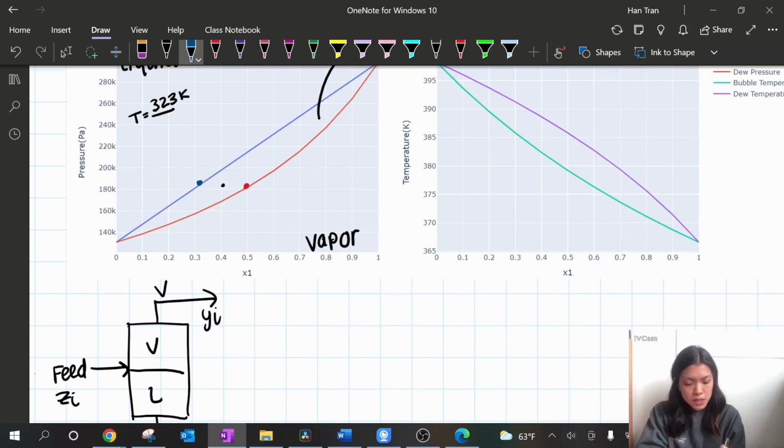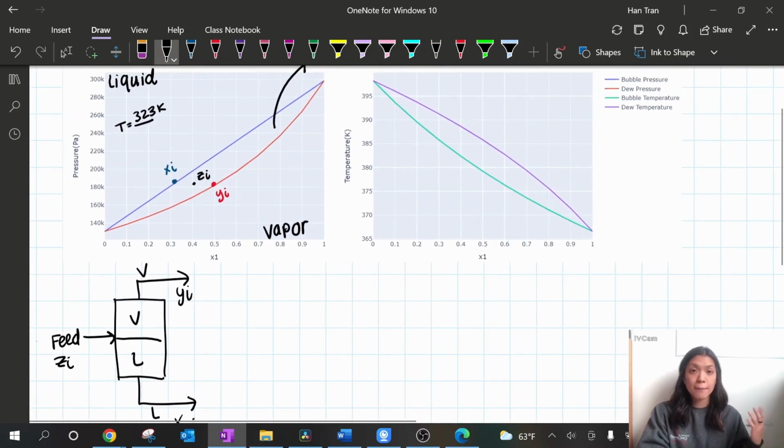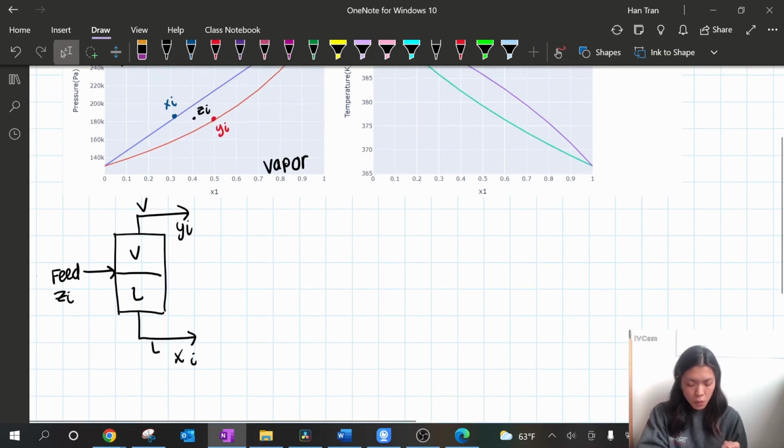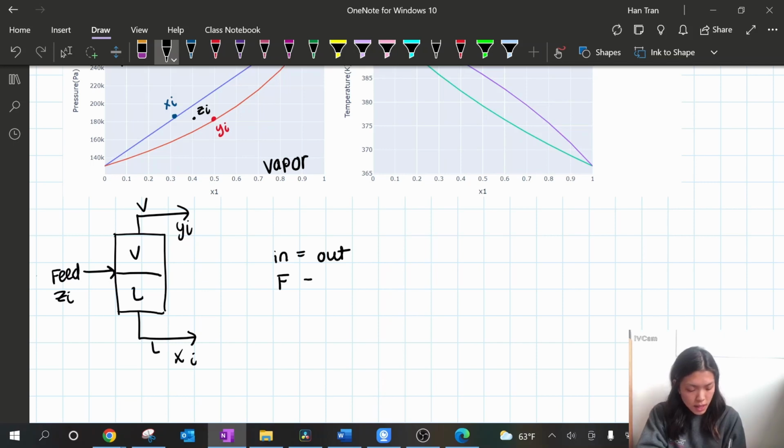The vapor is going to have a vapor mole fraction per component i, the liquid is going to have a liquid mole fraction per component i, and the feed is also going to have a feed mole fraction per component i. If we look at mass balance, what goes in must equal what is coming out. We have a feed going in, and then we have vapor and liquid coming out.